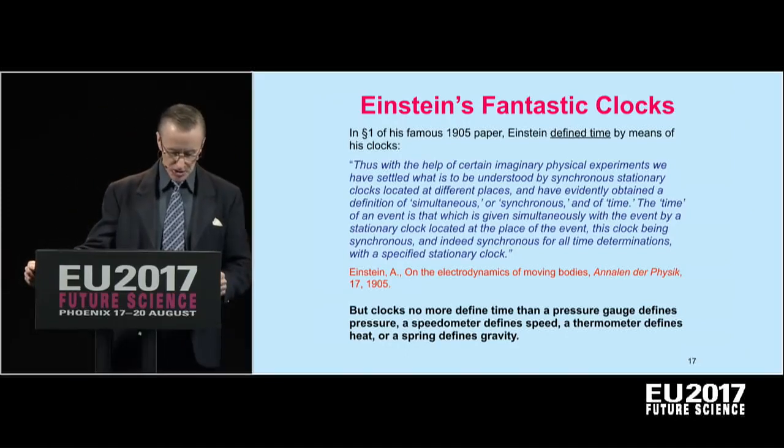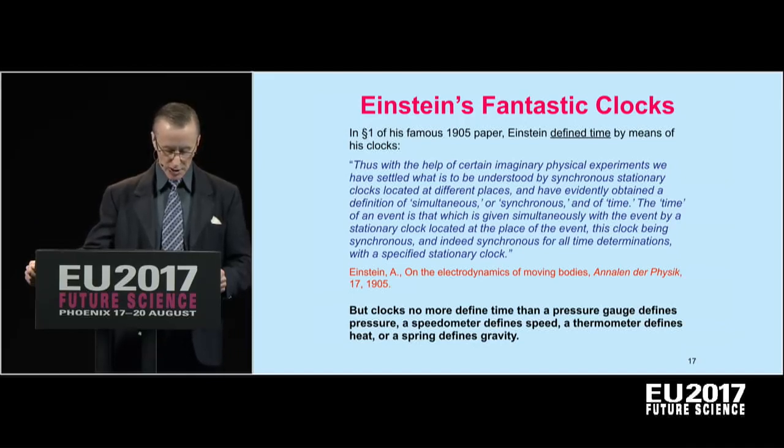Here's what Einstein says: thus, with the help of certain imaginary physical experiments, we have settled what is to be understood by synchronous stationary clocks located at different places, and have evidently obtained a definition of simultaneous or synchronous and of time.